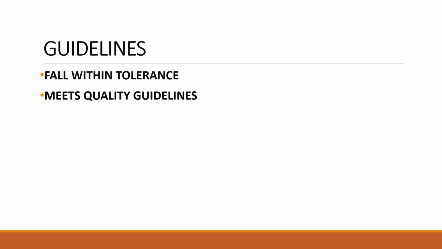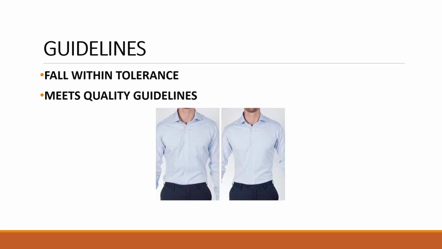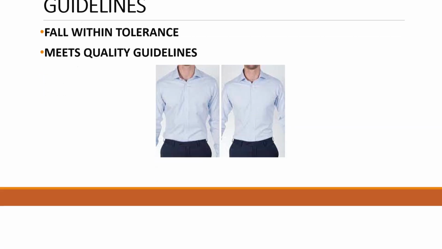Both parameters must be satisfied in the garment industry. You can see two woven charts shown here. There the tolerances are within the limit and both of them are meeting the quality standards. They look alike, but they may not be identical. So that is the guideline.